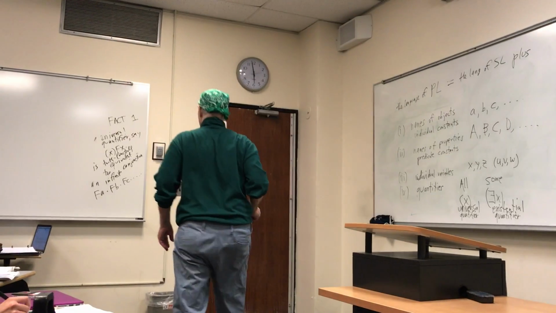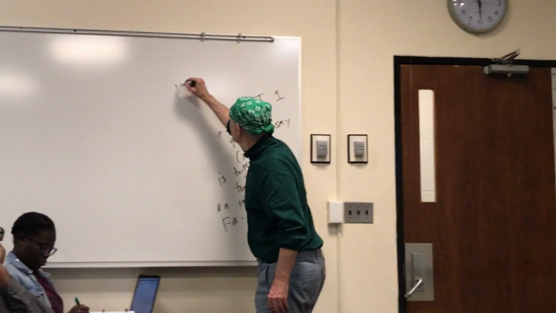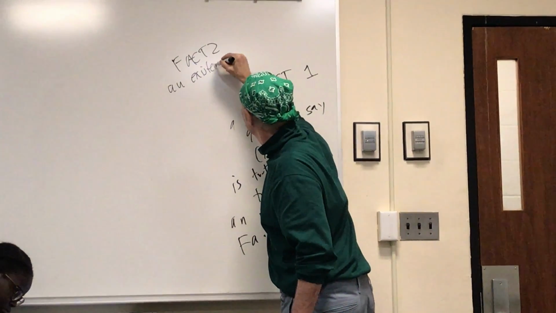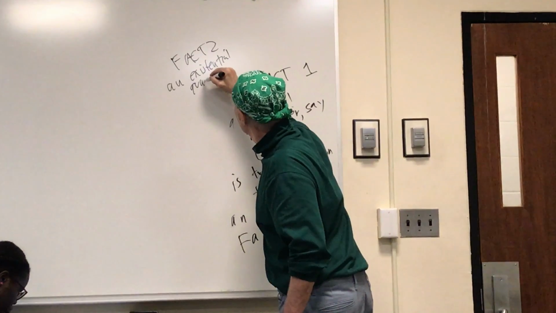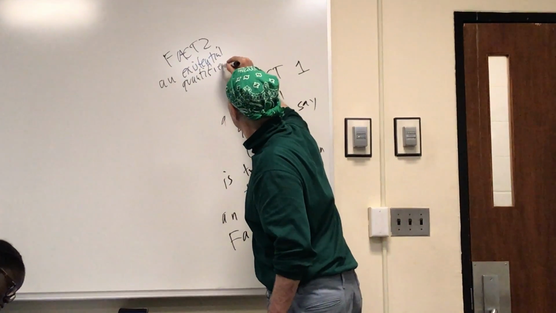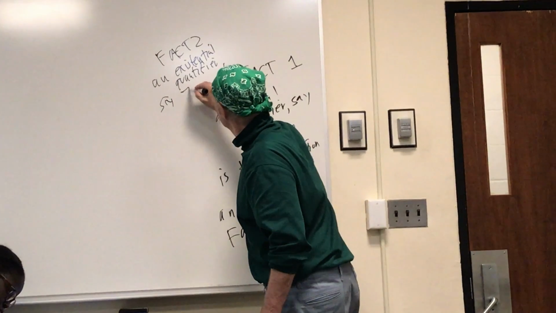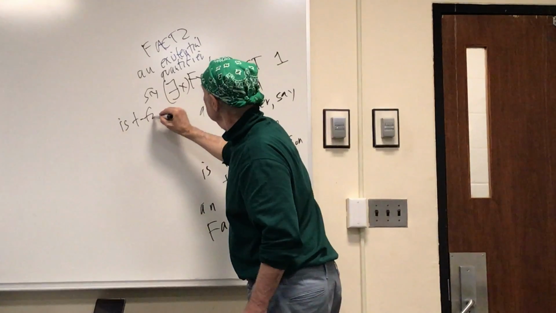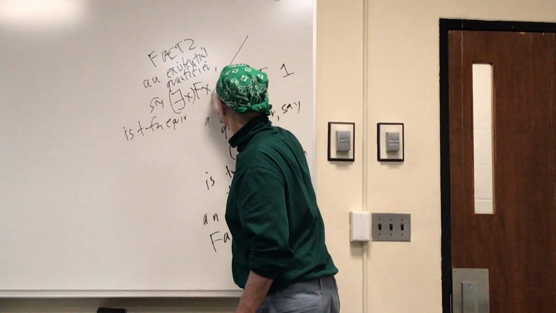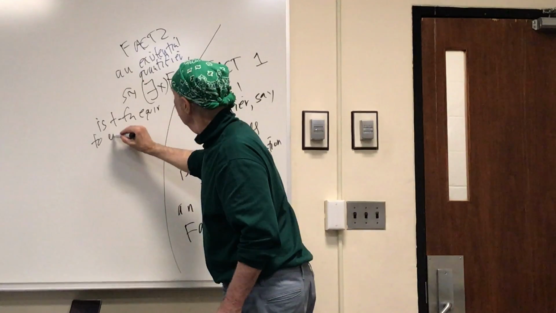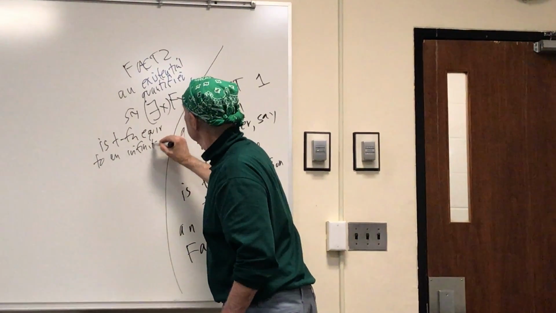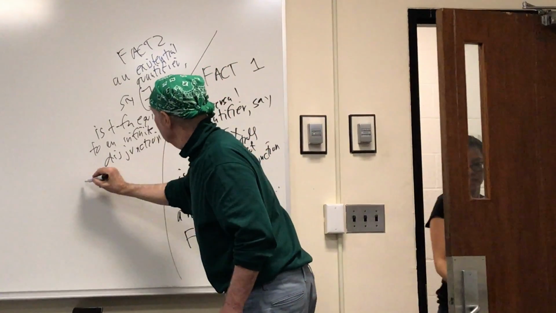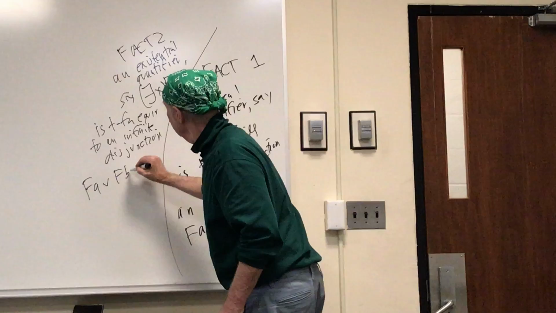Similarly, fact 2, an existential quantifier, say there exists an x, Fx, is truth functionally equivalent to an infinite disjunction: Fa or Fb or Fc.